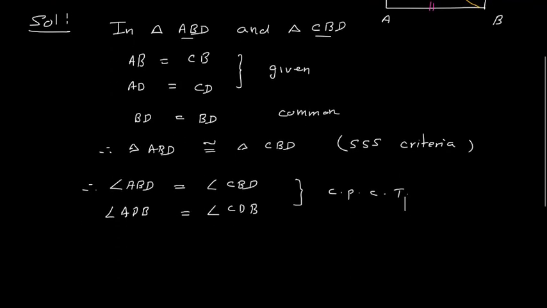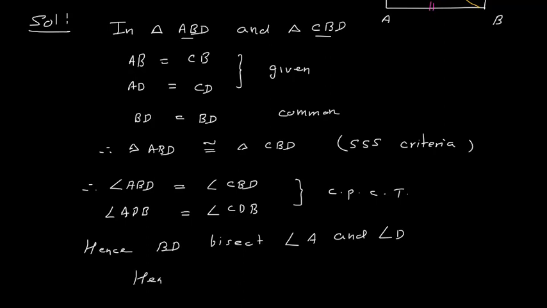Okay, so hence or therefore I will say that hence BD bisect angle B and angle D, hence proved. If we haven't written in question to prove, so here we will not write hence proved, we will leave our solution here, hence BD bisect angle B and D.